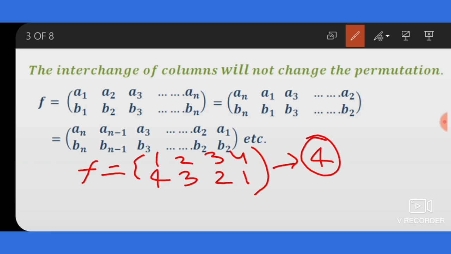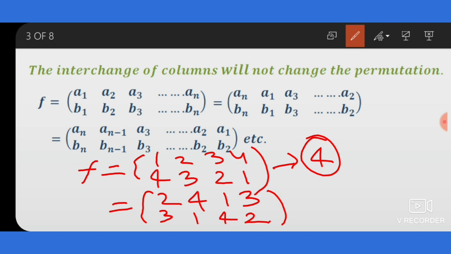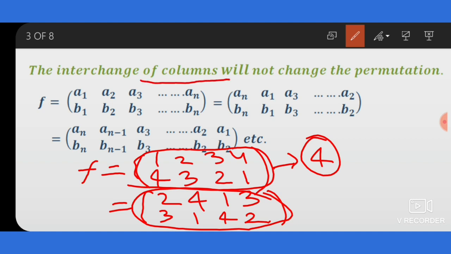Then interchanging columns we can write it as (2, 4, 1, 3 in the first row and 3, 1, 4, 2 in the second row). The value of this permutation and the value of this permutation are the same because every element of the first row of both permutations has the same image. So the interchanging of columns will not change the permutation.